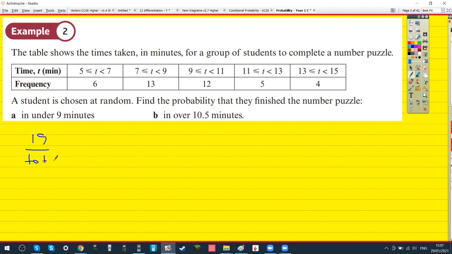Yeah, 19 over total. How about B? 12.5 minutes. Isn't that where I need to now take a bit? Oh no, so that's just 10.5, which is 3/4 in between 9 and 11. Very good.